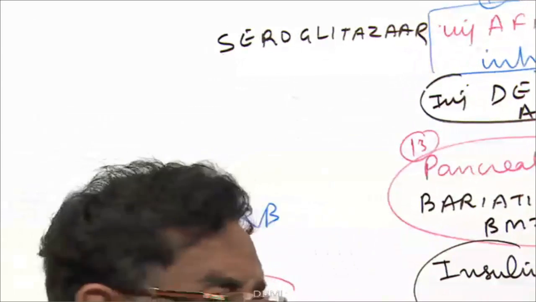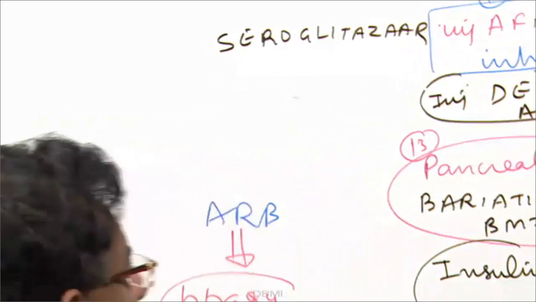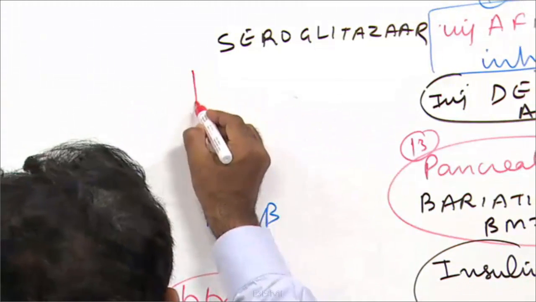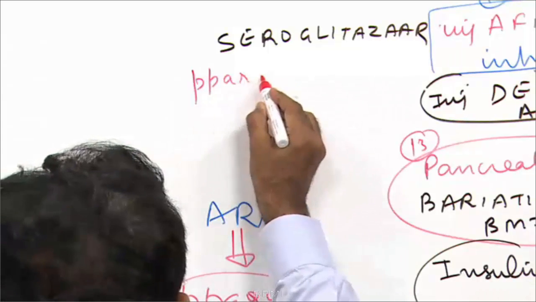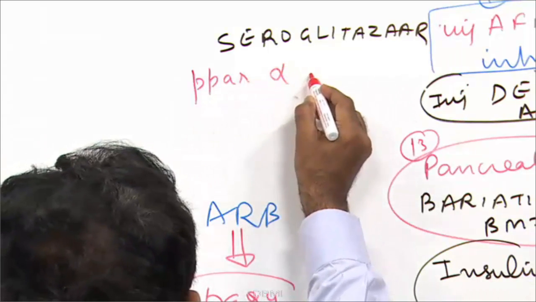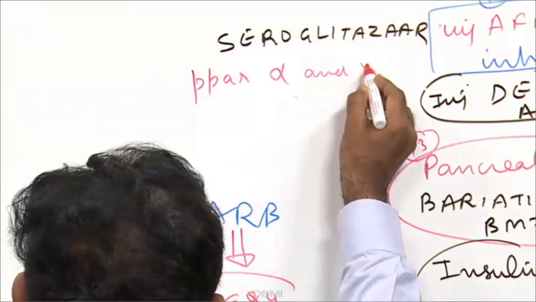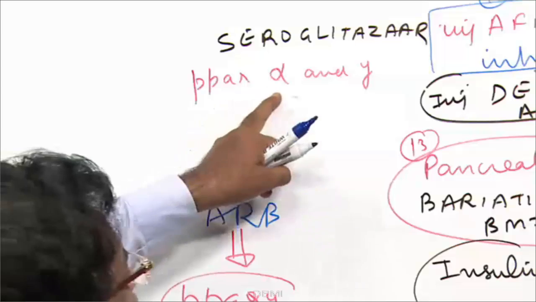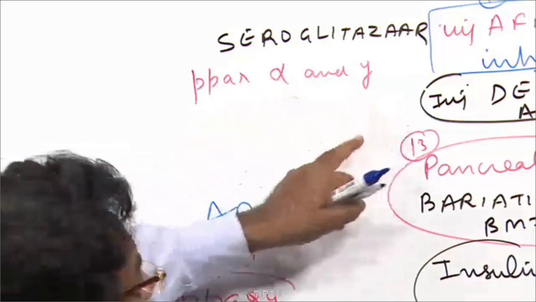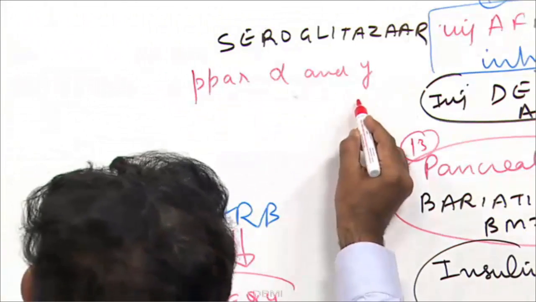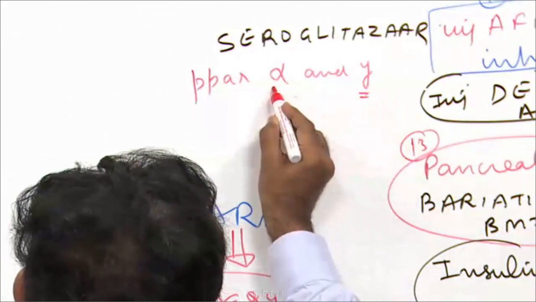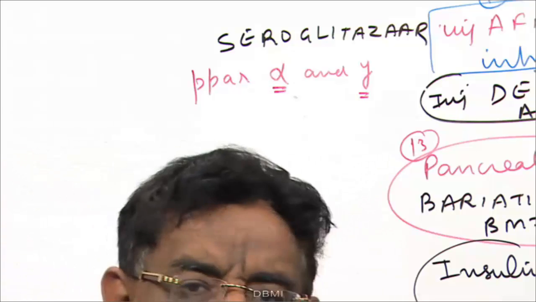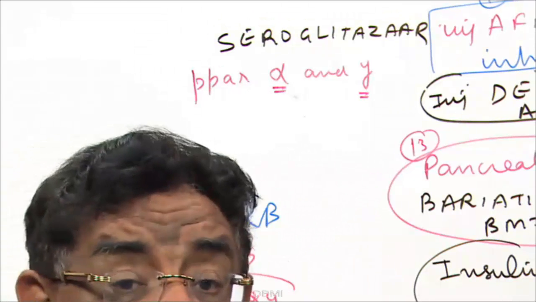It's an anti-lipid drug. The beauty of the drug is that it acts on the PPAR alpha and gamma receptors. By the gamma receptor, it reduces blood sugar, and with the alpha receptor, it reduces lipid. So this one drug reduces both lipid and blood sugar.